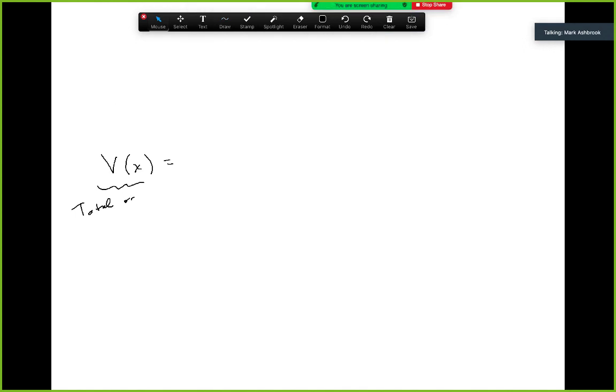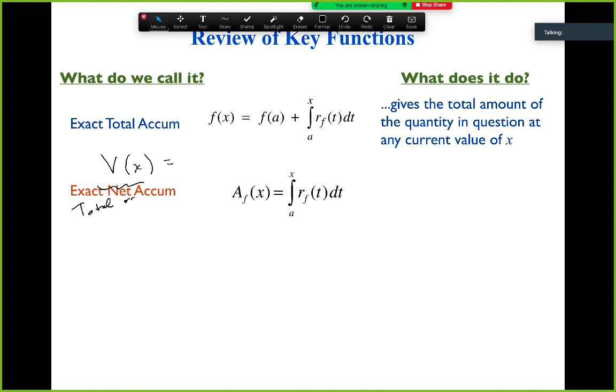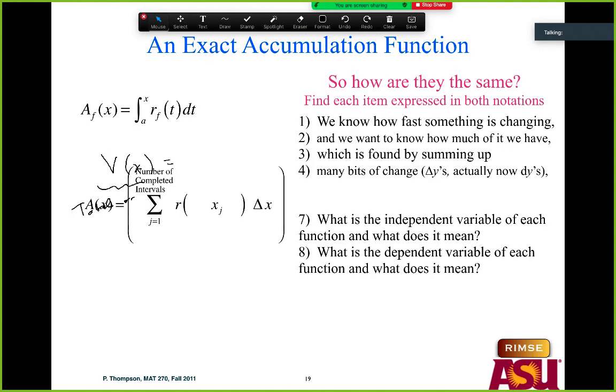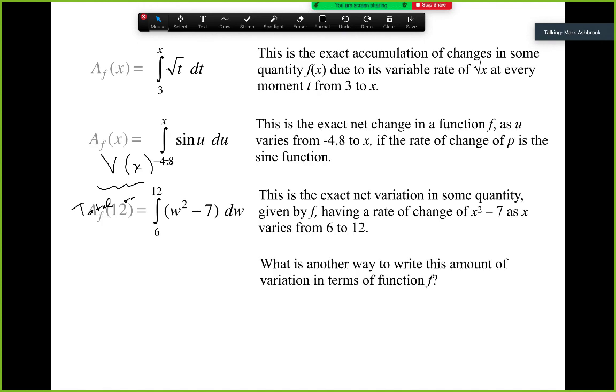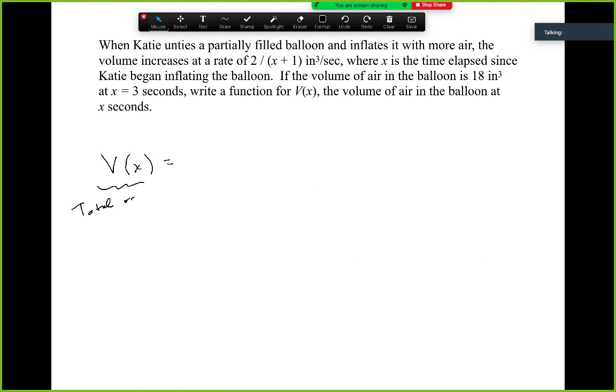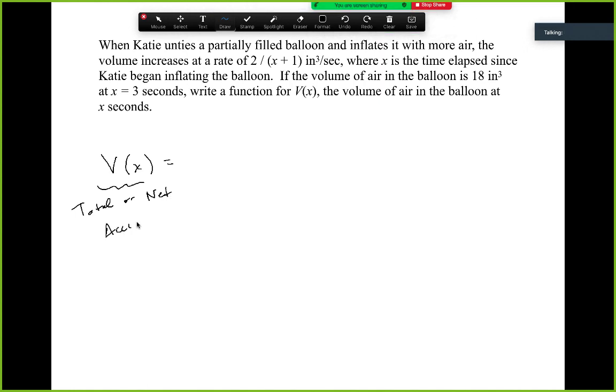So first of all, is this total or net accumulation when we're talking about V of x? Total accumulation. Or he wants total. The rest of you agree with that?